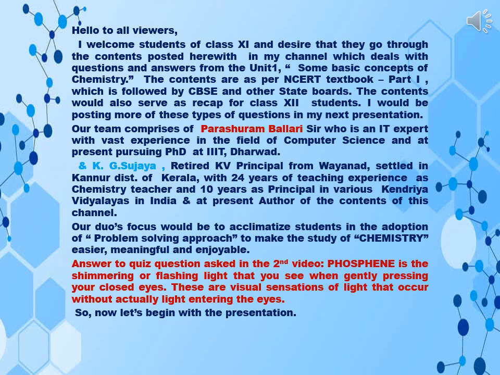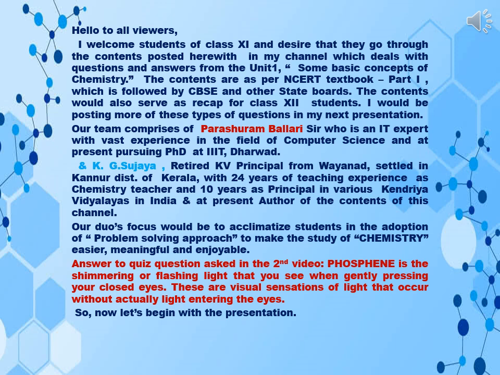Now, coming to the quiz question which was asked in the second video: what is phosphene? Phosphene is the flashing or shimmering light that you see when gently pressing your closed eyes with your knuckles. These are visual sensations of light that occur without actual light entering our eyes.